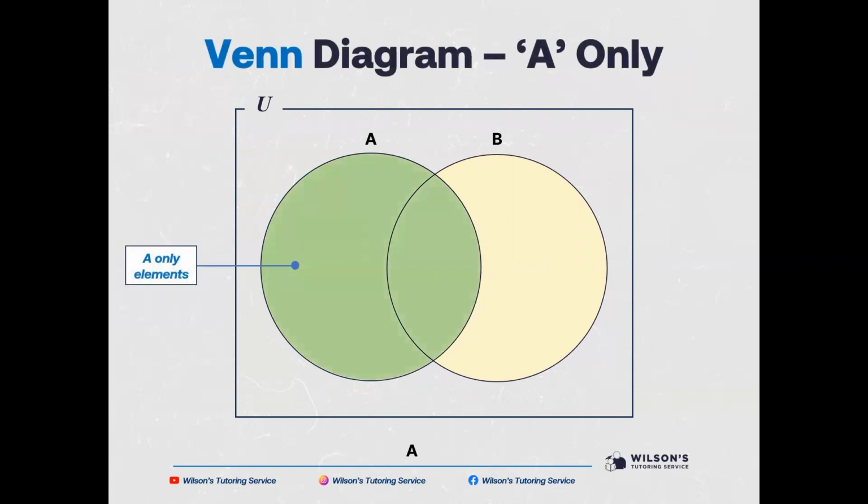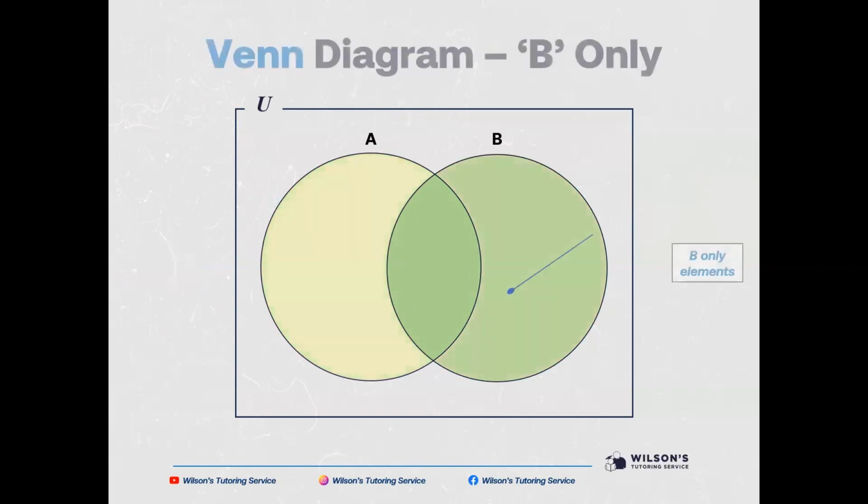Now, when setting up your Venn diagram, you will find that the elements that belong to each set have to be placed or positioned in a particular manner. For example, on screen, the elements that appear in A only would be placed in that section, while the elements that belong to set B would be placed in the other section.